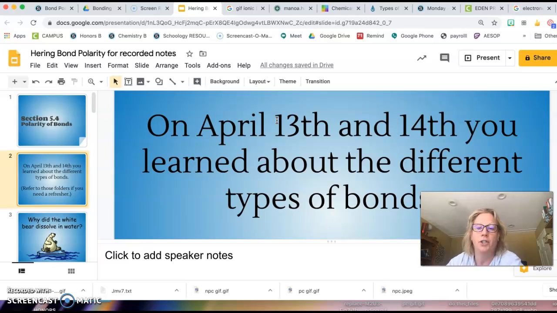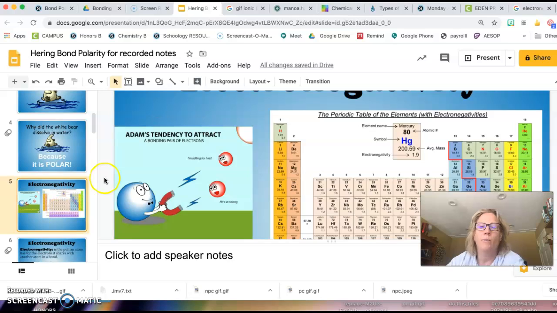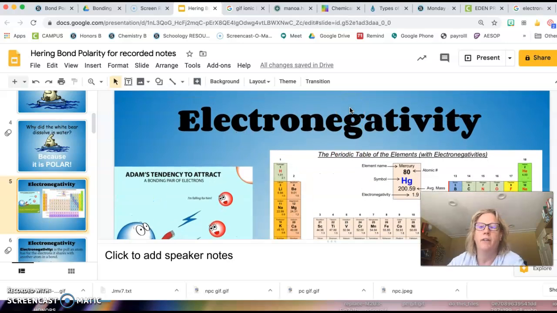Polar covalent is they're sharing but not equally. So one of the atoms is going to pull the electrons more towards itself than the other. And then ionic is the extreme case where one of the atoms will take the electron from the other, which has everything to do with electronegativity.